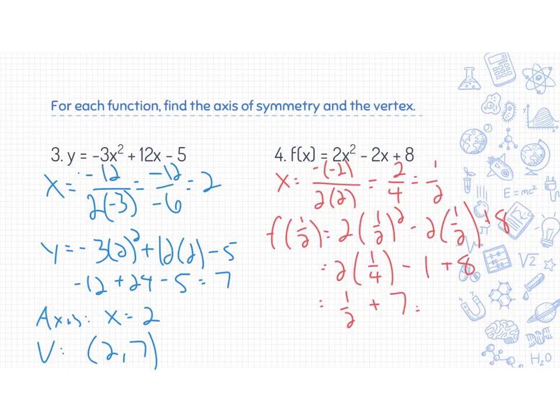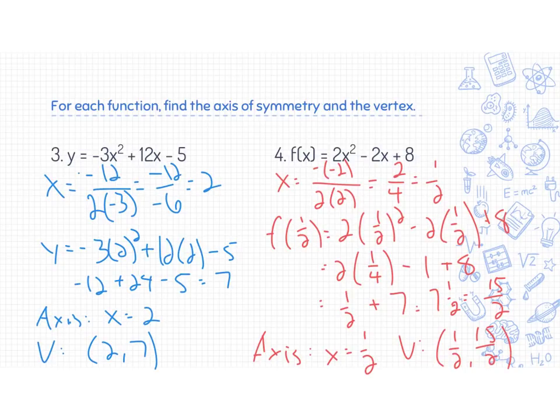So that gives us 7.5, or 15/2. So then we'd say our axis for this one is x equals 1/2, and our vertex is going to be (1/2, 15/2).